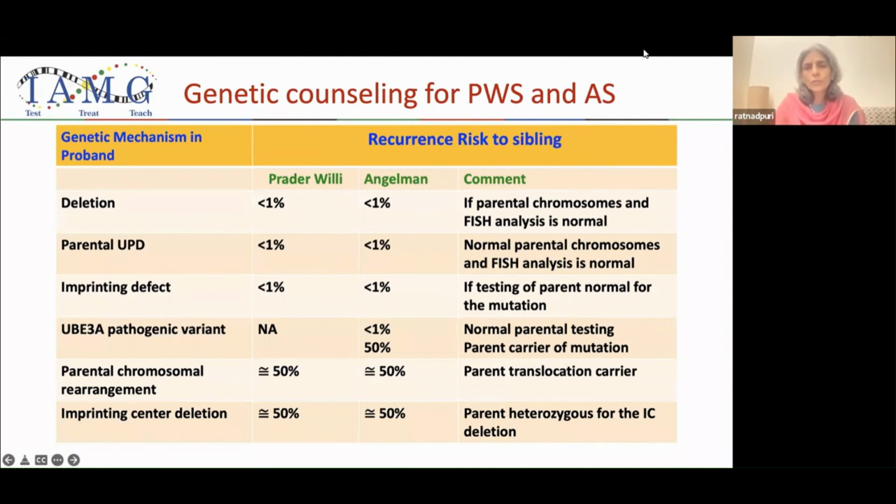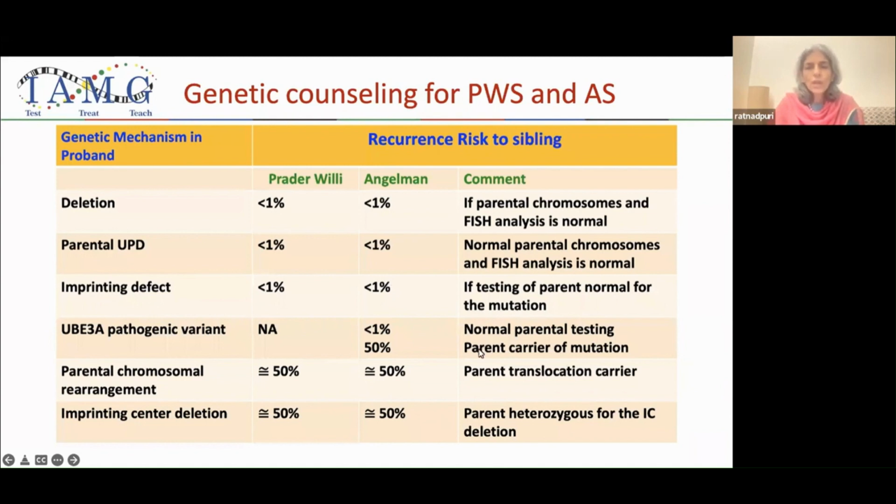In most situations of Prader-Willi and Angelman syndrome, the risk of recurrence is small because the most common mechanisms are deletion or uniparental disomy. It would be maternal UPD or paternal UPD, depending upon the syndrome. That's why I have written parental UPD. For imprinting center defects also, if the parent is normal, the risk of recurrence is less than 1%.